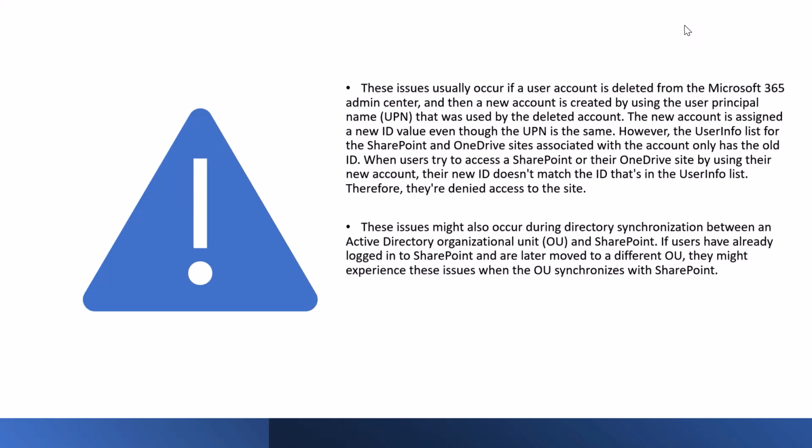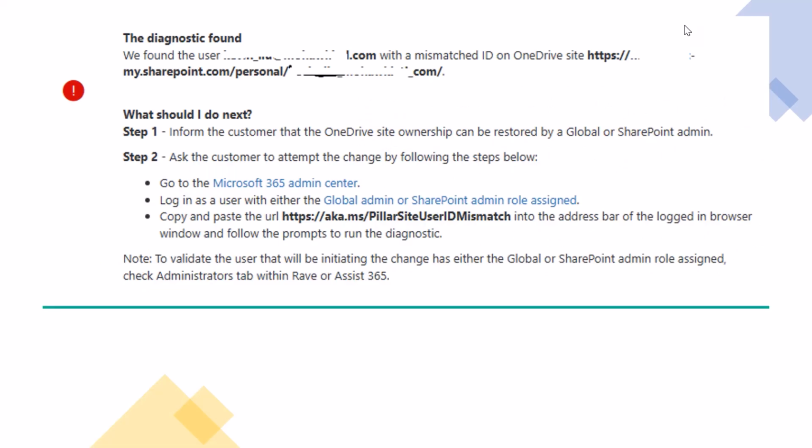There is a method we can use to fix this issue. It's a simple fix. First of all, you should be a global administrator, or have the SharePoint administrator role.